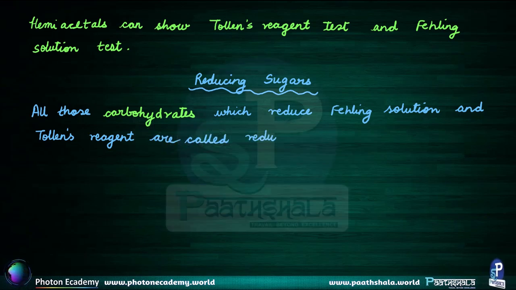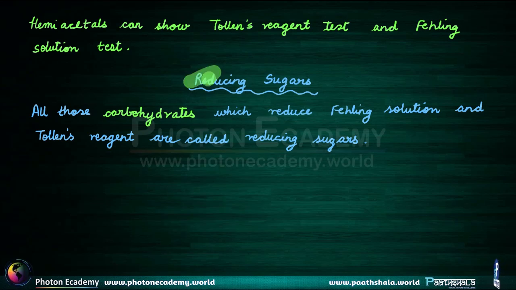Just to keep a point in mind, since we are dealing with hemiacetals, which are showing both the Tollens reagent test and the Fehling's solution test, I get a new category. It is called reducing sugar. And in reducing sugar, I have those carbohydrates which can reduce both the Fehling's solution and the Tollens reagent.